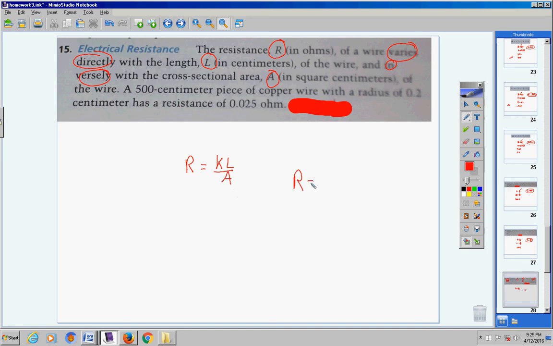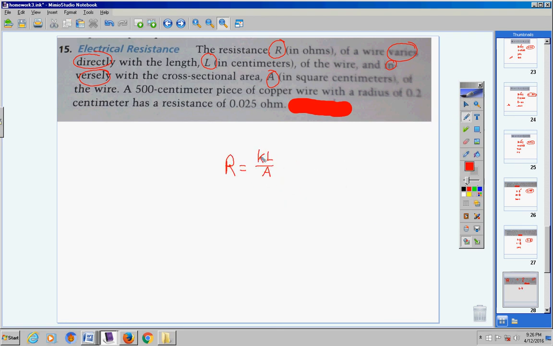So R equals KL over A. Let's look at it again. R varies directly with L, so R equals KL. And R also varies inversely with A, so A goes in the denominator. And there's our model.